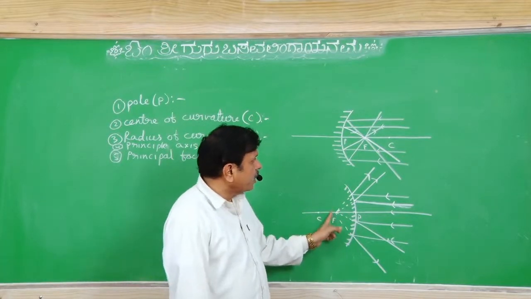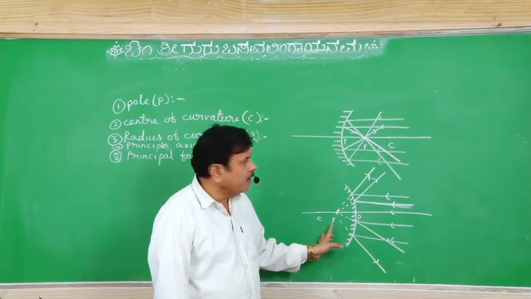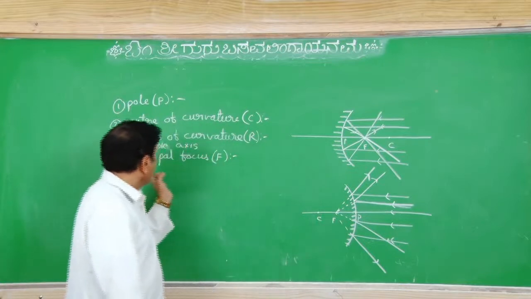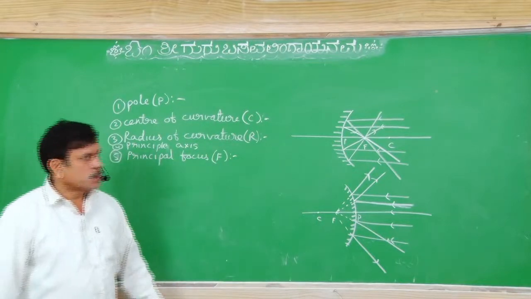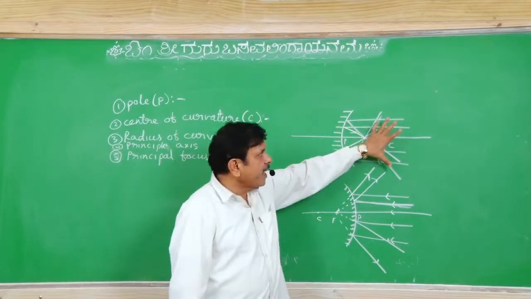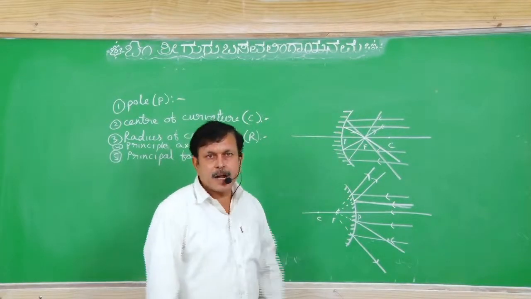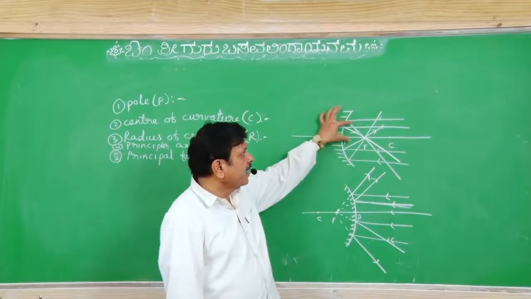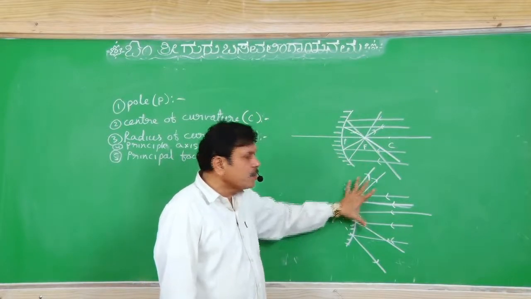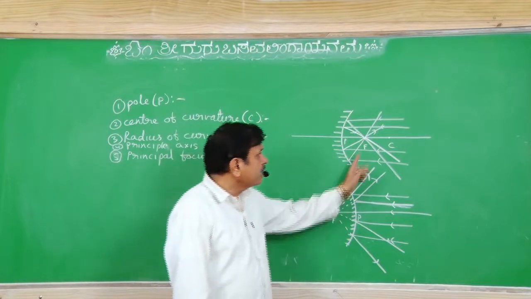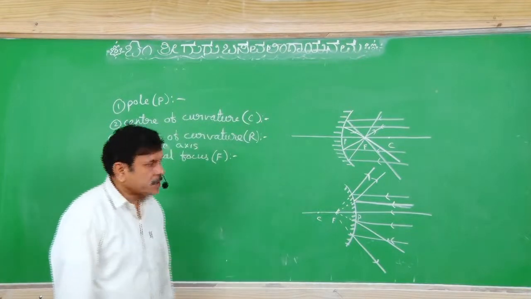So this point where the rays are diverging and this point where the rays are converging are called the principal focus. So you can say when a parallel beam of light parallel to the principal axis is incident on a spherical mirror, after reflection, it converges to a point or appears to diverge from a point on the principal axis. That point is called the principal focus.